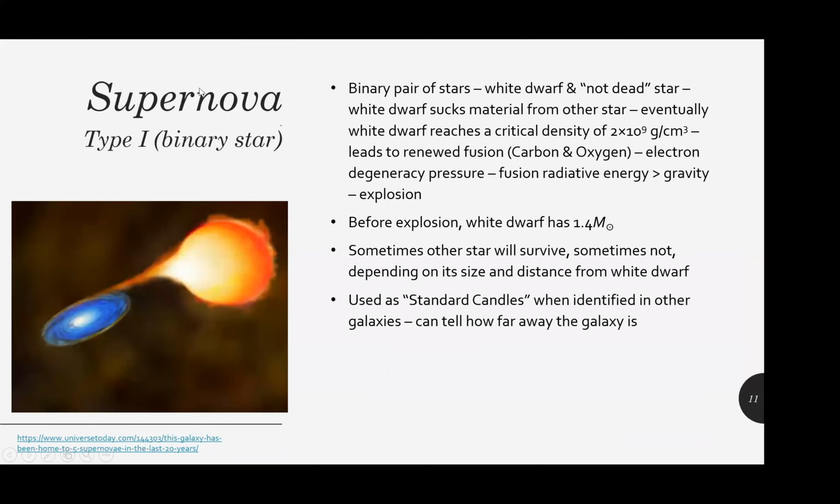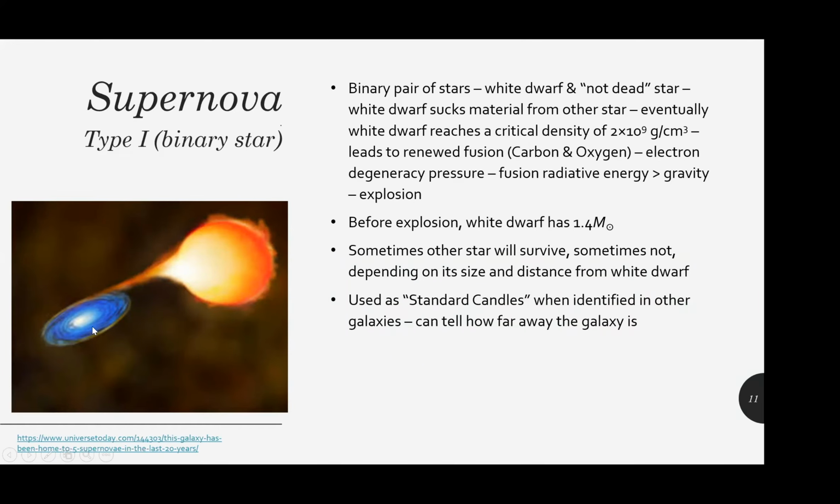So then the other type of supernova is called a type 1 supernova, also known as a standard candle. These usually happen when there is a binary pair of stars. That means two stars that are in orbit around each other, gravitationally bound to each other. One of these stars is a white dwarf star and the other a main sequence star, kind of like our sun, maybe slightly bigger in some cases.